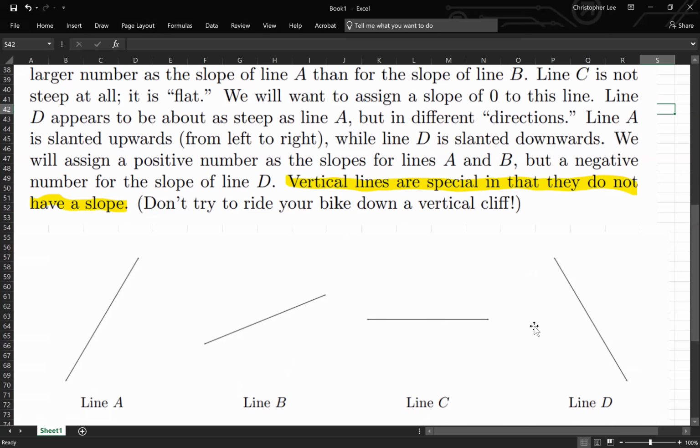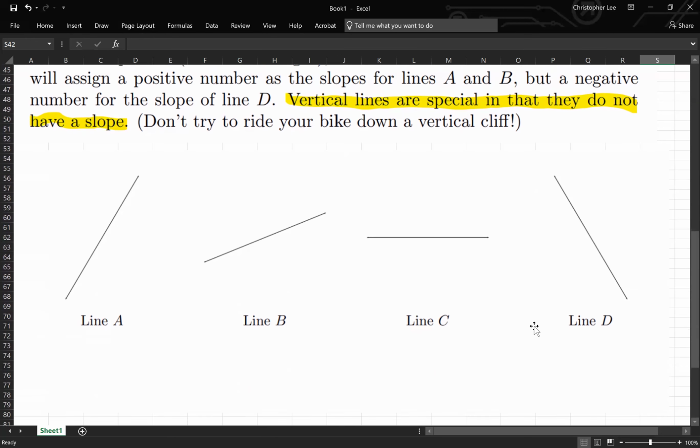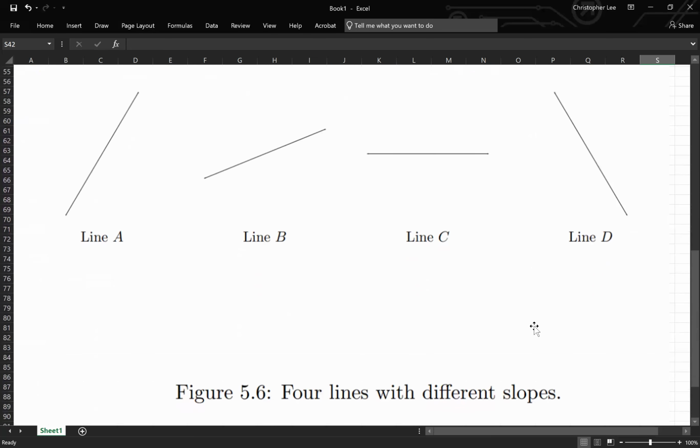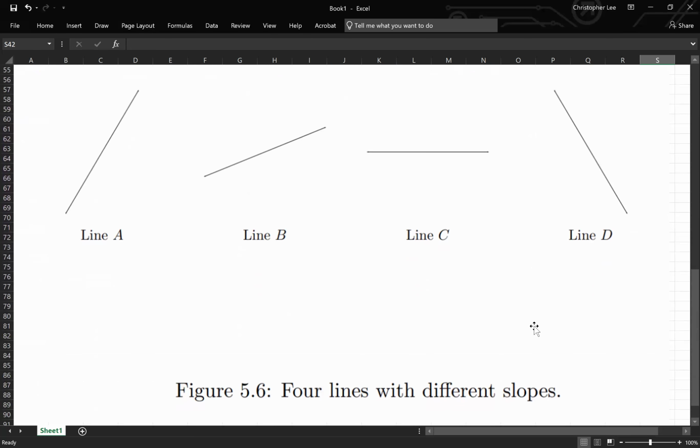So, for example, don't try to ride your bike down a vertical cliff, all right? That's not going to be too good. But here we go. These are like the slope of lines. This would be a negative slope going down, positive slope going up, positive, and this is 0.